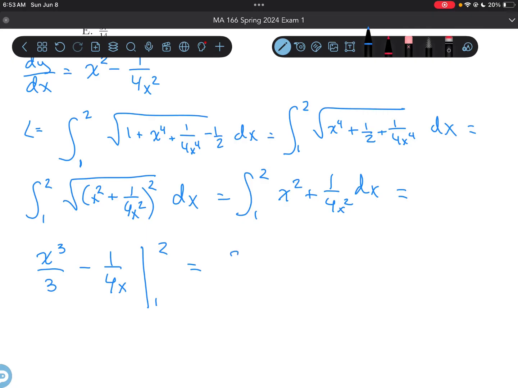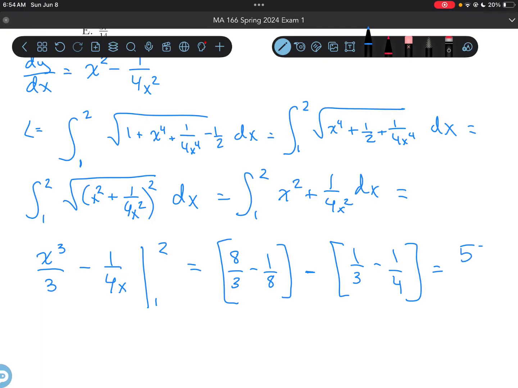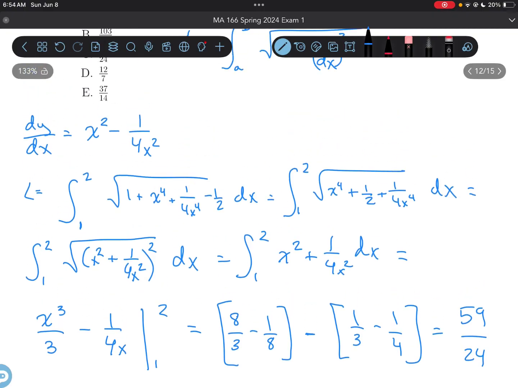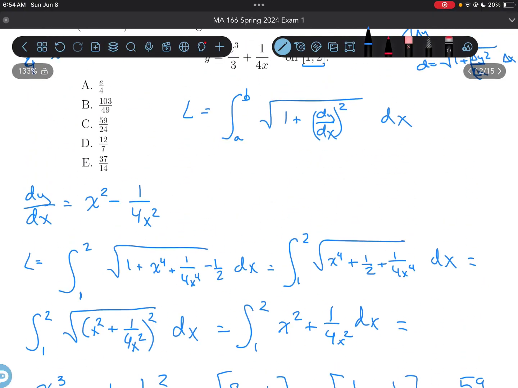If I plug in 2, I get 8 over 3 minus 1/8, minus, now I plug in 1, I get 1/3 minus 1/4. And now if I solve for this, I should get 59 over 24. So the answer to our problem is C.